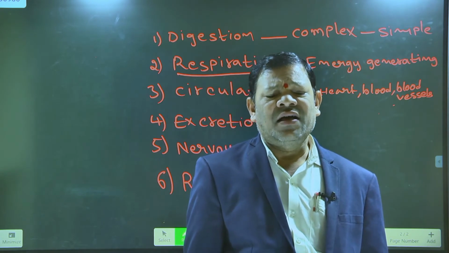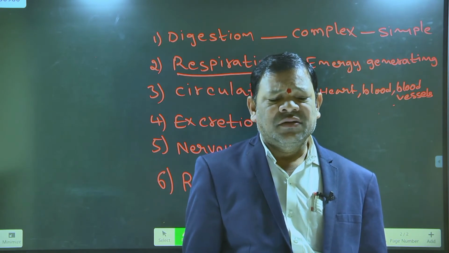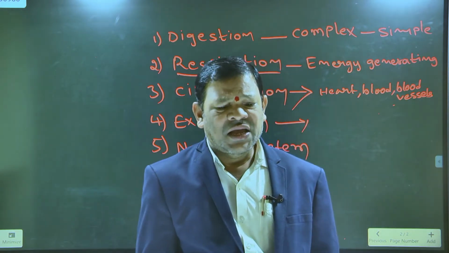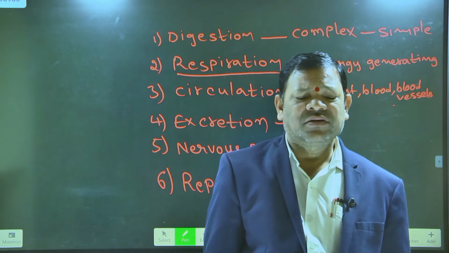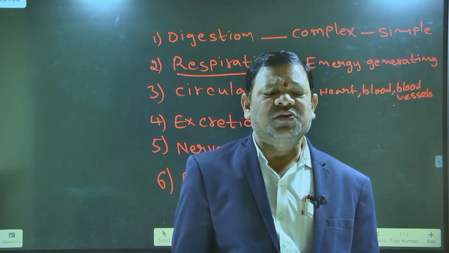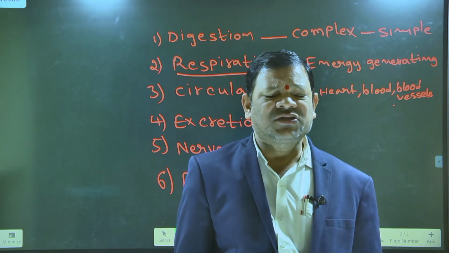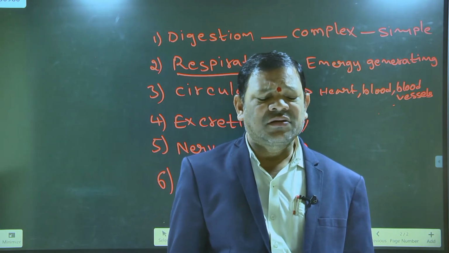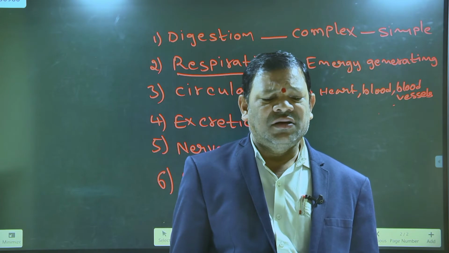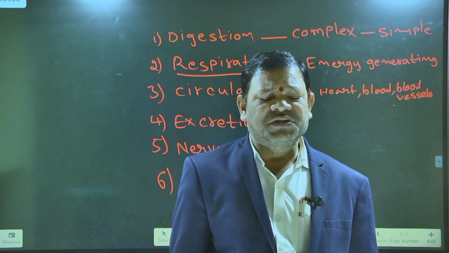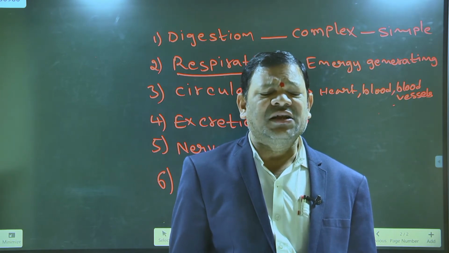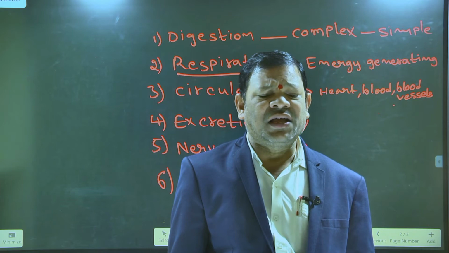Next one is excretion. When metabolic activities occur in our body, waste materials are formed. Can we store that waste material in the body? Is it good? No. So that's why we send that waste material outside of the body. Which system helps send waste material outside of the body?